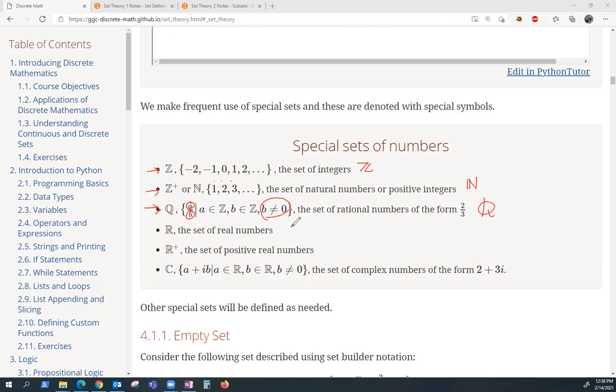It's the rational numbers. Then we have the real numbers. By hand, it's written like that. R plus is the set of positive real numbers. Here we have the complex numbers, by hand written like this.